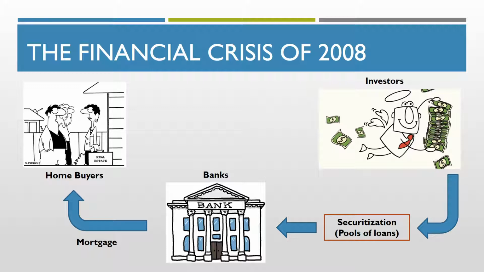They think of a new way to repackage all these mortgages from the home buyers, which is what we call securitization. The concept of securitization is basically when the bank puts all these different risk levels of mortgage contracts into one package or a box and sells it all to the investors in the market, so that the investors buying these assets will get a fixed income from the home buyers.